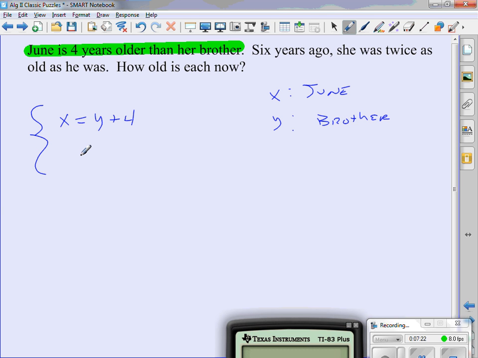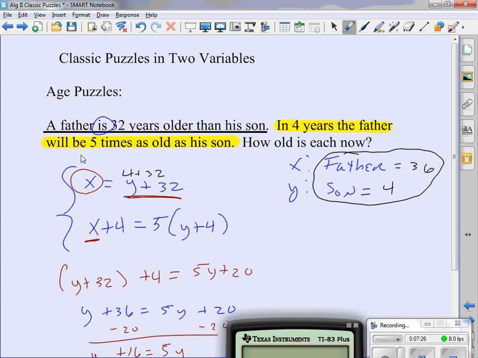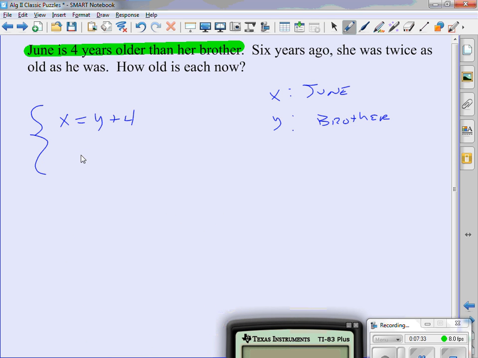Why is it minus 6? Because it was 6 years ago. On our last problem, it was 4 years from now. So she was, so X minus 6 equals 2Y. Because twice is 2. It's not 2Y.